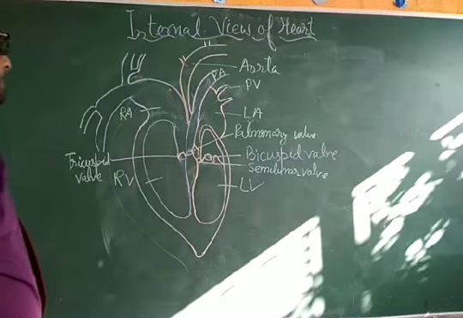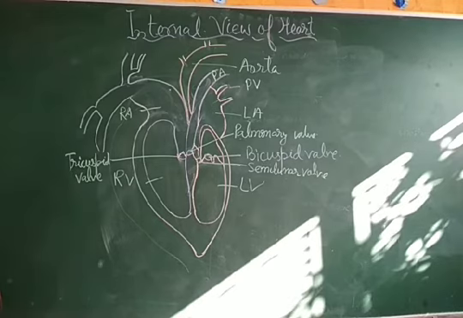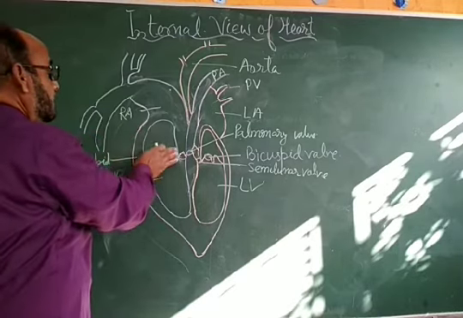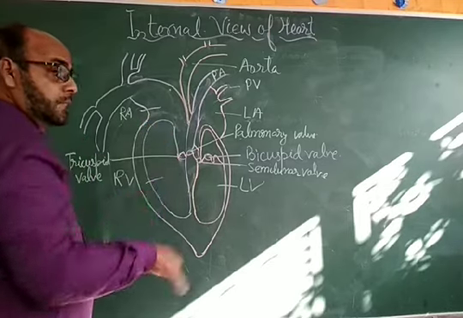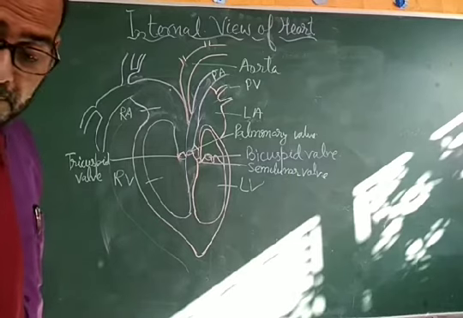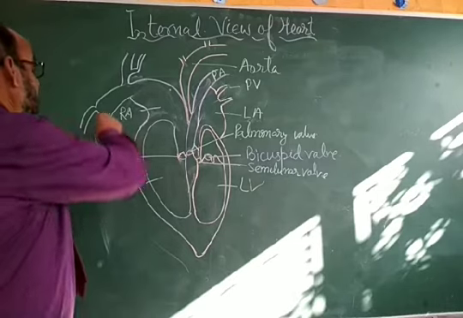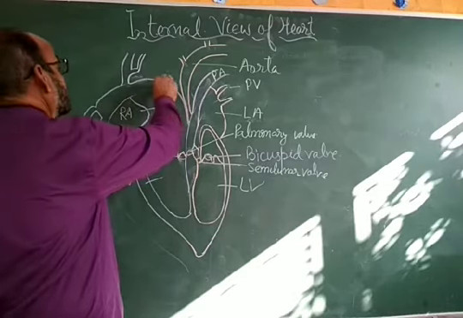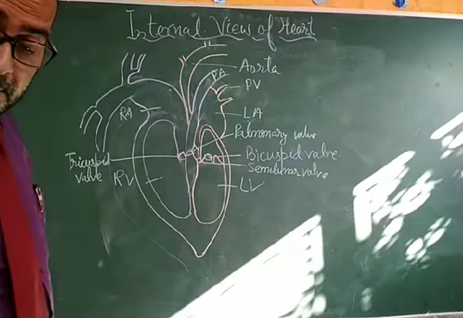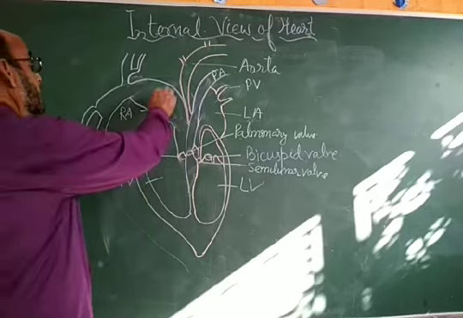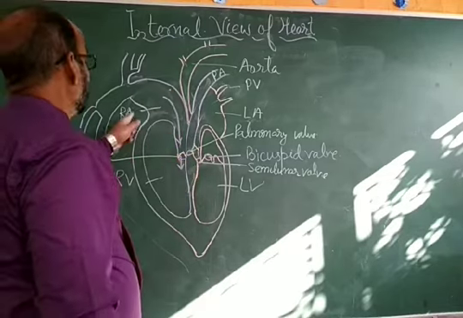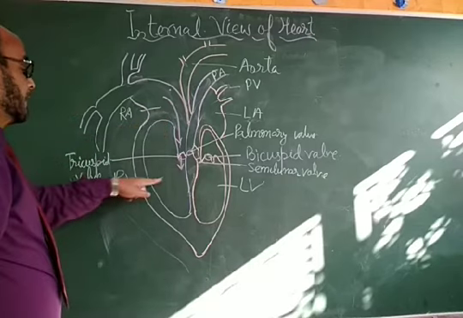Now let us see the blood flow in this pumping station, that is called the heart. So blood is coming from this right side through the vena cava. Through the vena cava, that blood is deoxygenated and it is coming inside through the right atrium to the right ventricle.